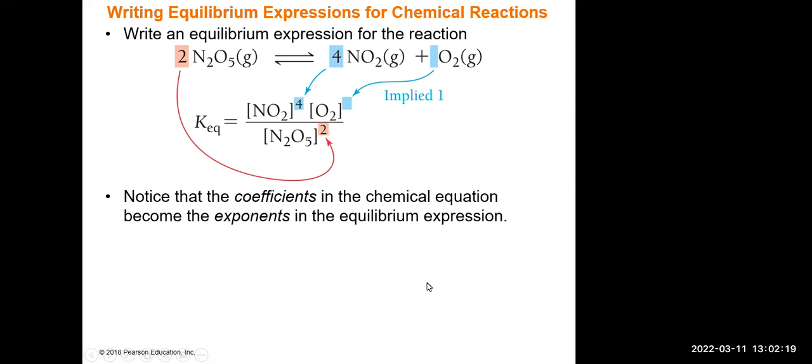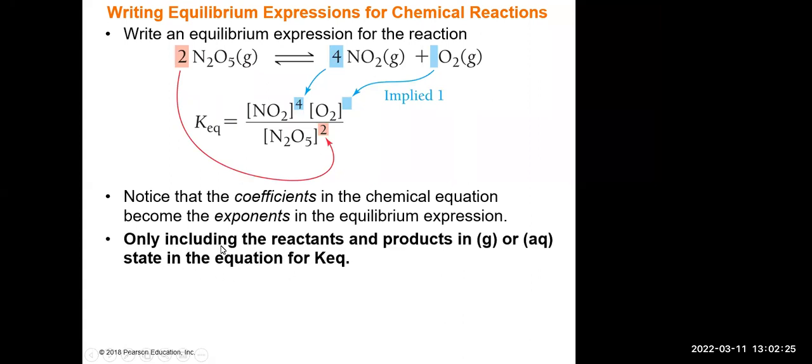So that's how you write the chemical equilibrium constant expression. Only include the reactants and products in G, meaning gas, or AQ state in the expression for the KEQ. So again, here all three substances are in gas, so therefore we include all three in the expression for the KEQ.